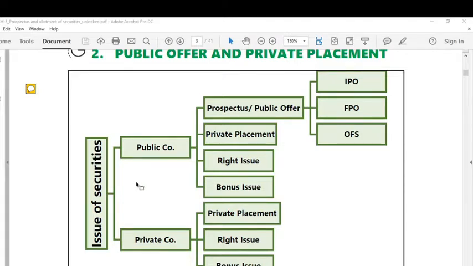Now, coming to the topic, public companies or private companies go for capital either from the general public in case of a public company, or from a closed network within the maximum limit of number of members in case of a private company.